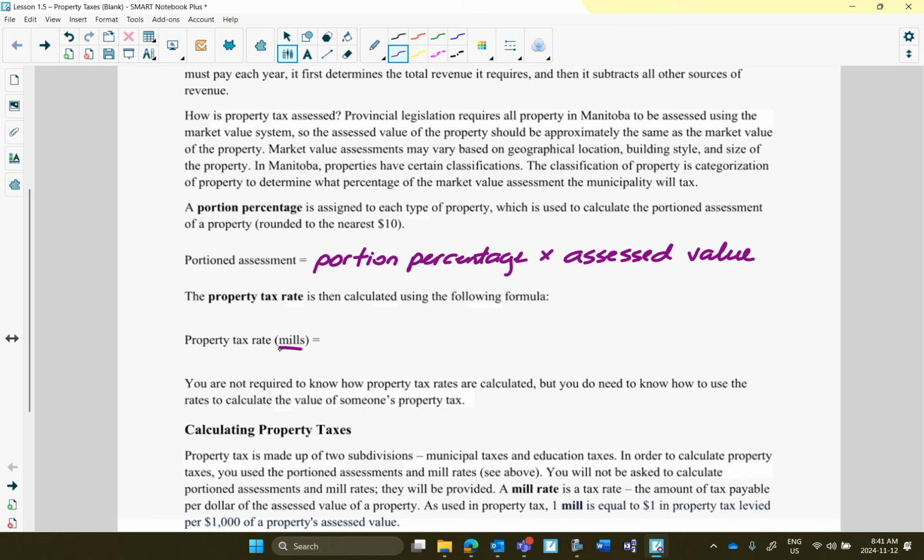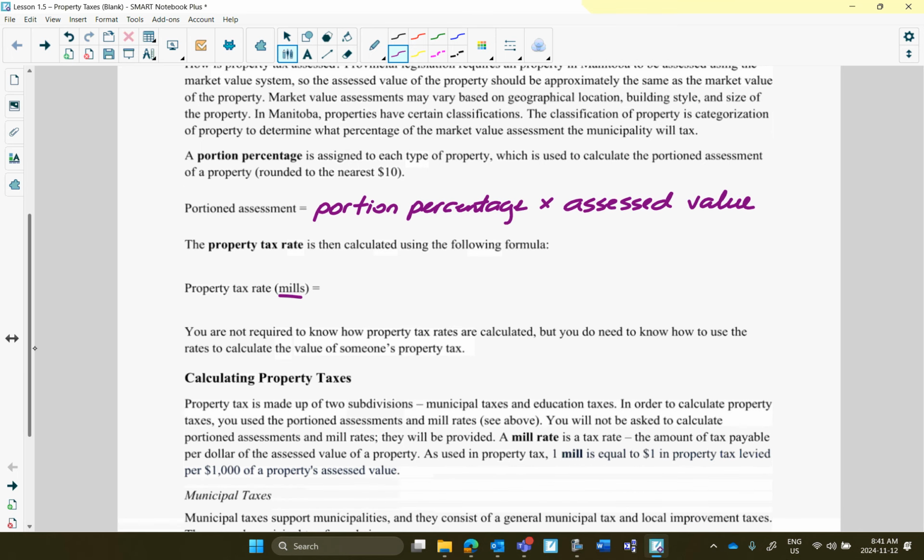Okay? So to calculate the property tax rates, what the municipality will do is they'll take the total revenue that they need, the total amount of money they need for all the services that they provide. Okay, so this is actually how they do it, they don't just come up with a magical rate. They say, okay, this is how much money we're going to need this year in order to offer the services that we want to offer.